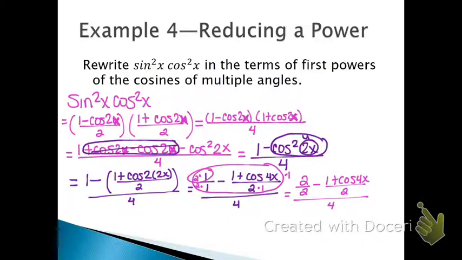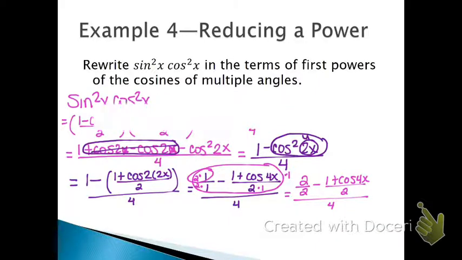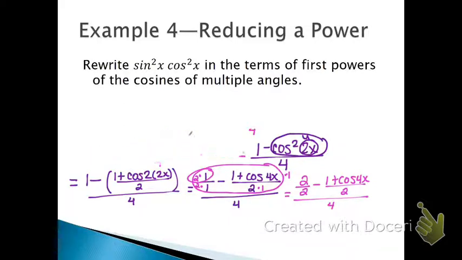Okay, I'm going to erase the top of mine so I can bring it back up so y'all can see it better. Now, when we go to combine these, remember this negative is going to go to both of these.